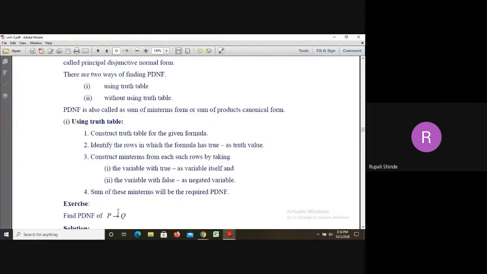Okay. So here the question is given as: find the PDNF of P conditional Q. So you have to write here the required PDNF.